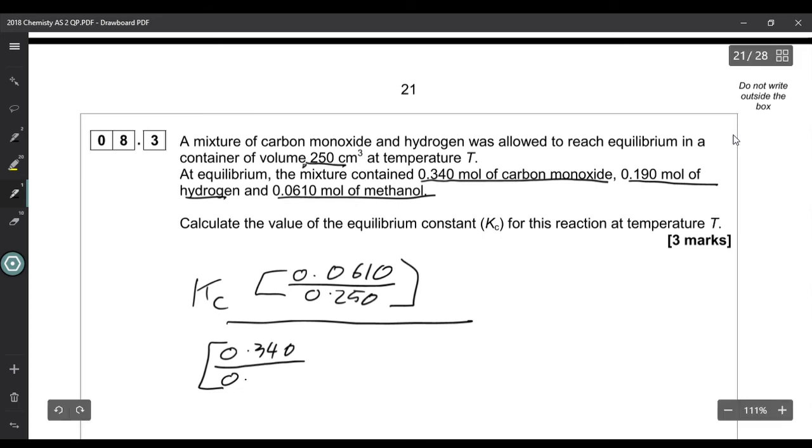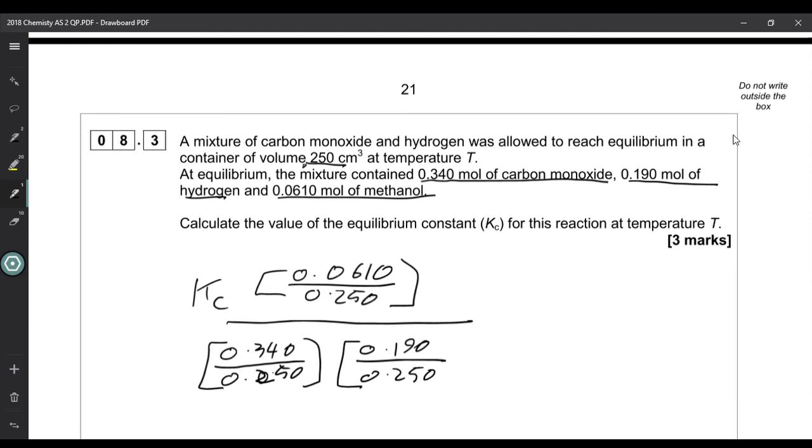So 0.250 to give us the concentration of carbon monoxide, multiplied by 0.190 divided by 0.250 to give us the concentration of hydrogen, and remember, that's squared.